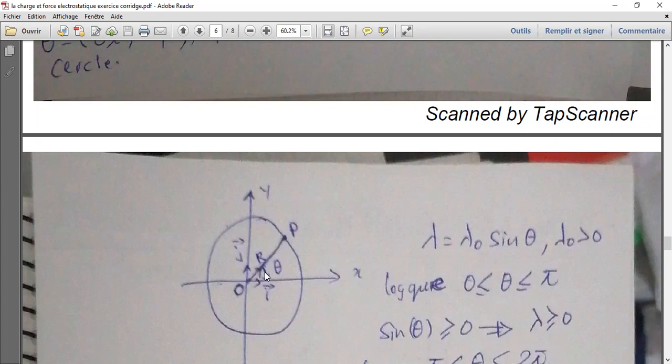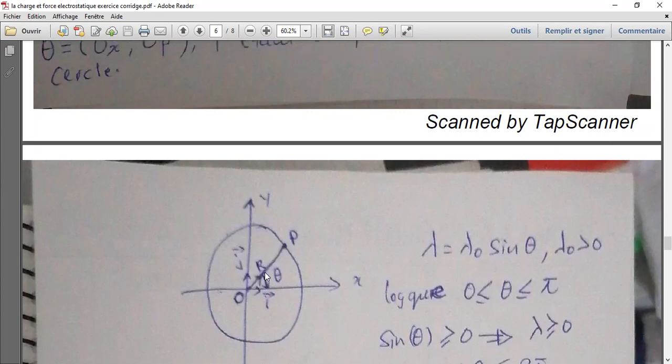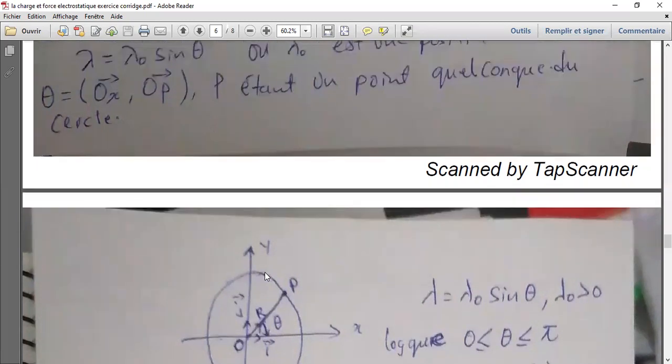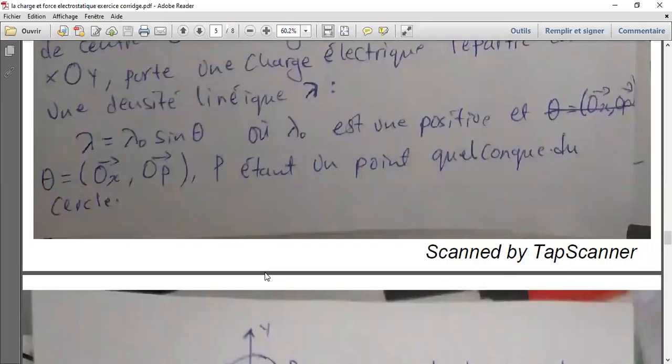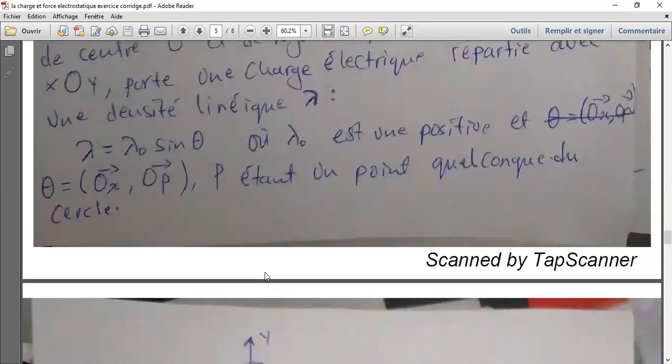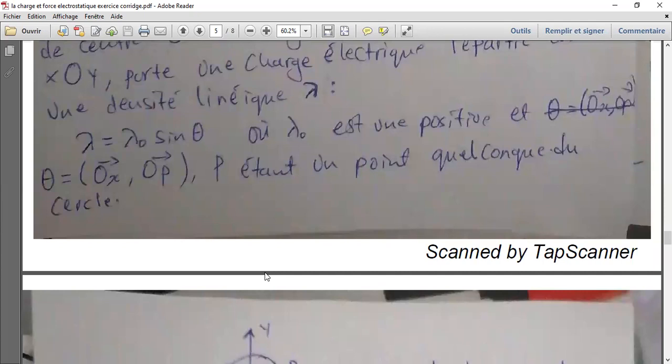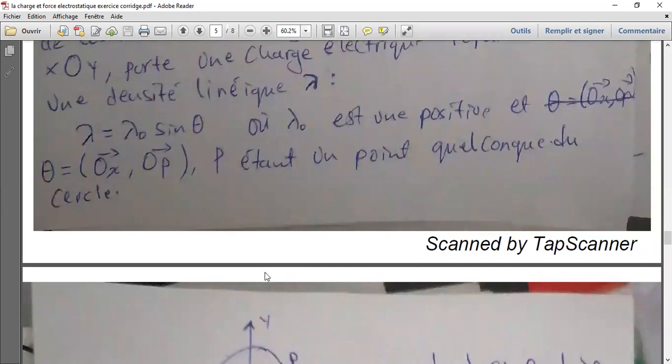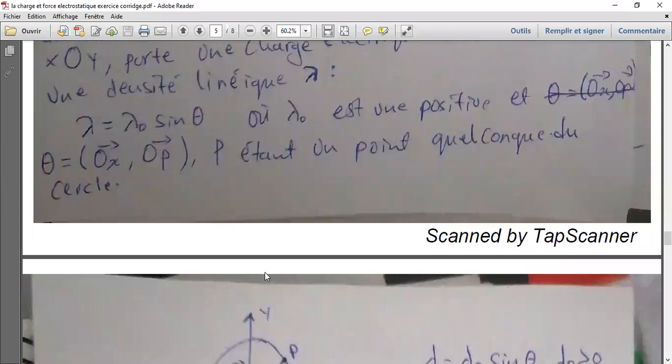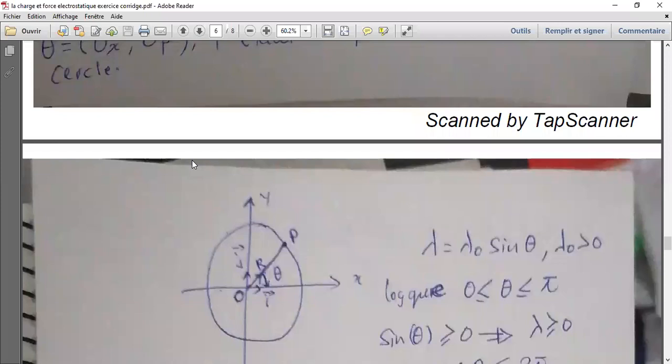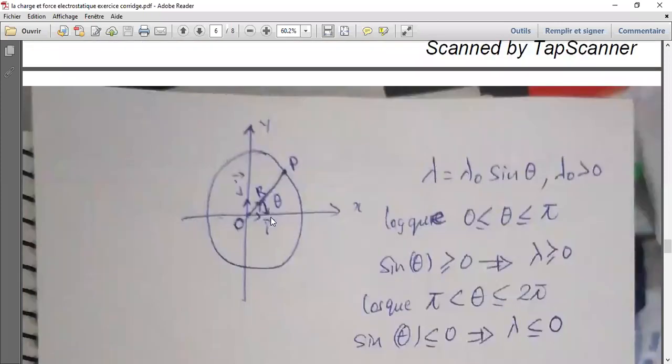We have also said that this circle has an angle theta here, which is OX OP. So it has an angle which is OX OP, this angle here.